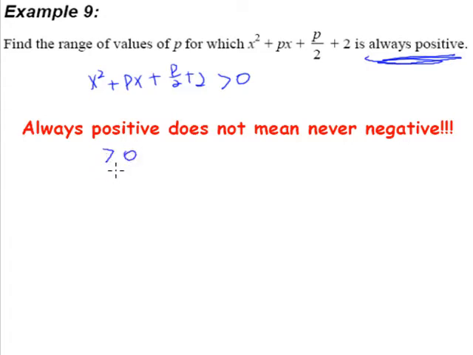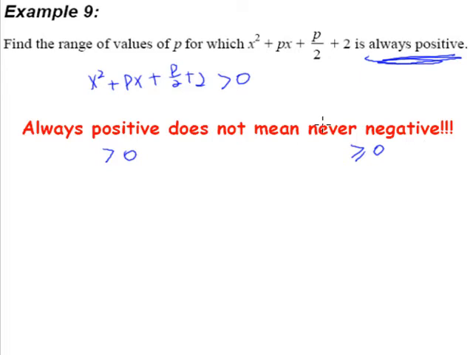It cannot be 0 because 0 is neither positive nor negative, so it can't even be 0. But never negative includes 0. Never negative means it can be equal to 0. So there's only one very minute difference between the terms always positive and never negative.